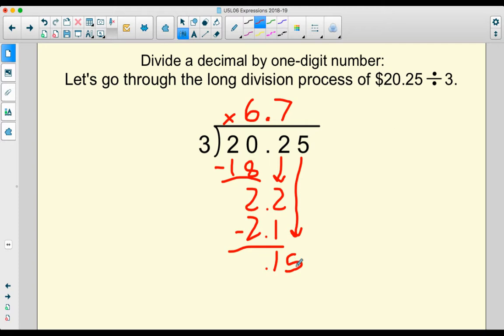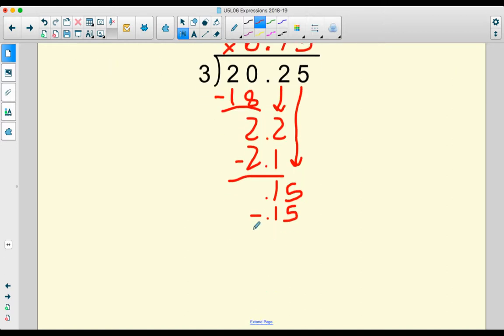When I break those 15 hundredths into groups of 3, I can take out 5 groups of 3, or I'm going to think of it back the other way, 3 groups of 5 hundredths would be taking out 15 hundredths, or 3 groups of 5 is 15. And I now have 0 left.